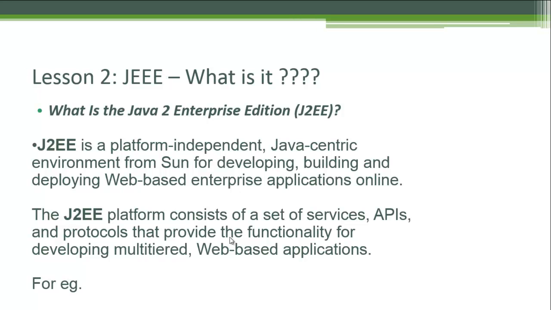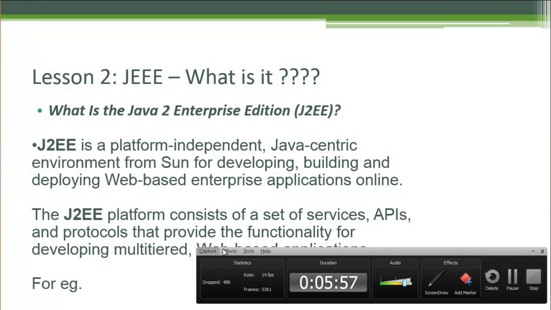There are a hell of a lot of packages you will see. These all come within APIs. And protocols means a set of rules that provide the functionality for developing multi-tiered web-based applications. You'll understand this more in the coming slides.